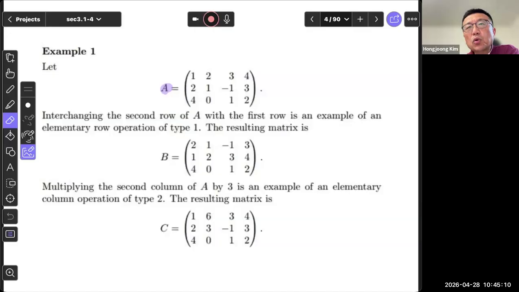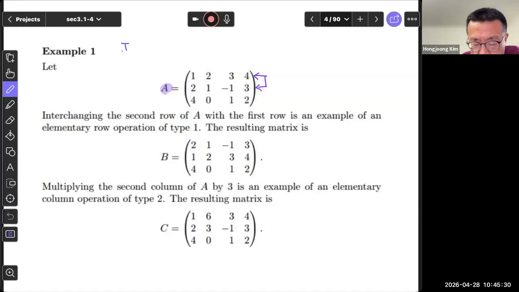Then, what if I perform the same elementary operation on the identity matrix?